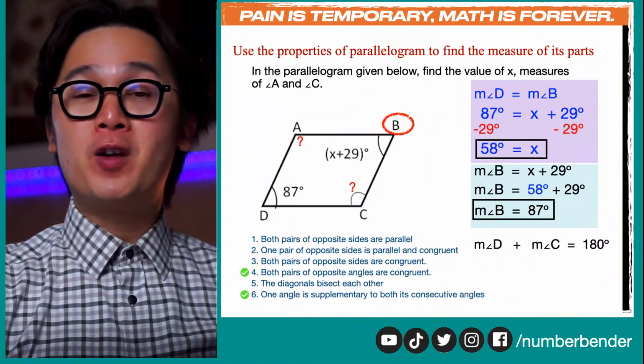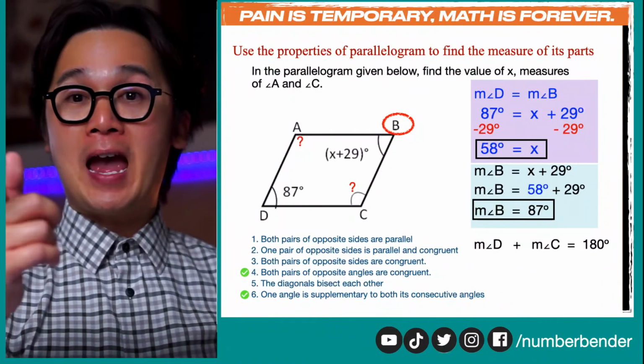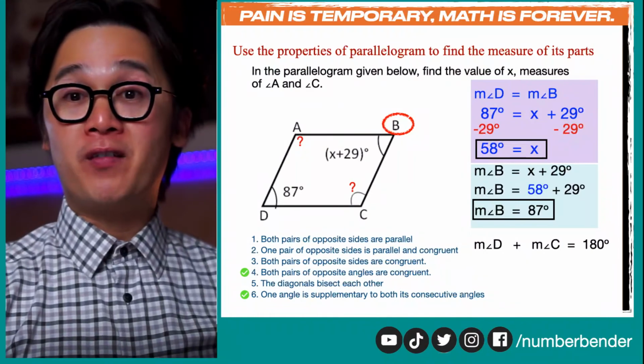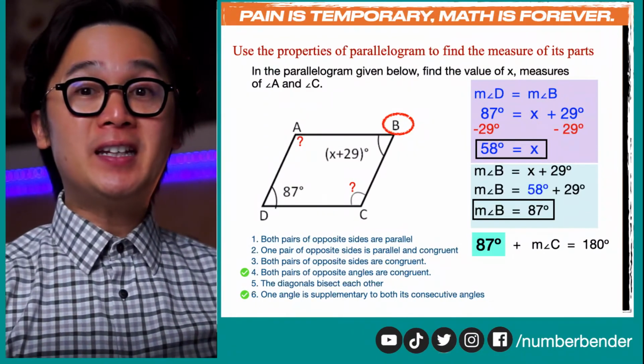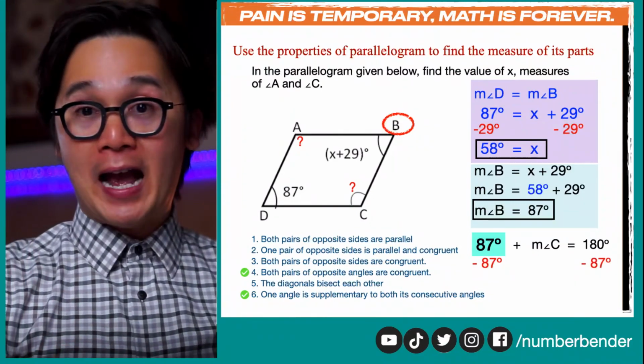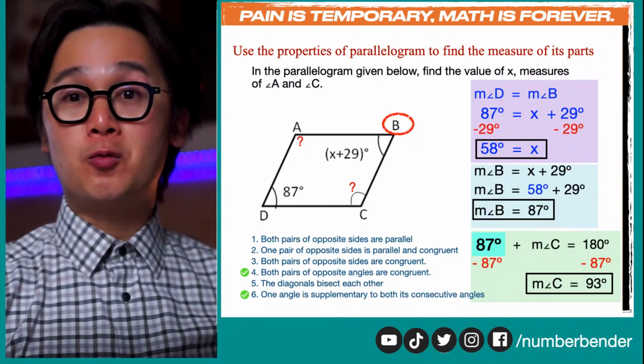So let's come up with an equation that will help us find our angle C by having measurement of angle D plus measurement of angle C equal to 180 degrees. By replacing D with 87 degrees and using algebra, measurement of angle C is equal to 93 degrees.